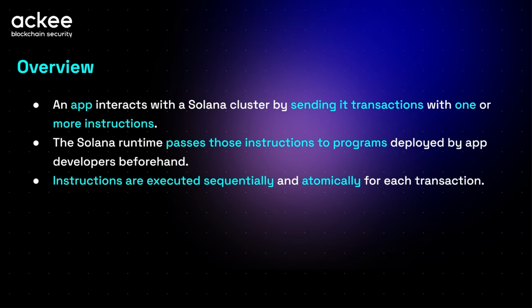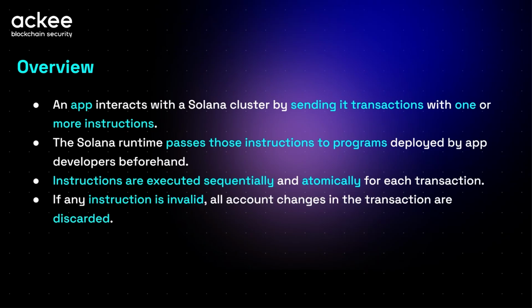It can either successfully pass or return an error due to an error in one of the instructions. If any instruction in a transaction fails, then all of the changes that were so far made by other instructions in the transaction, all account changes, are discarded or reverted.